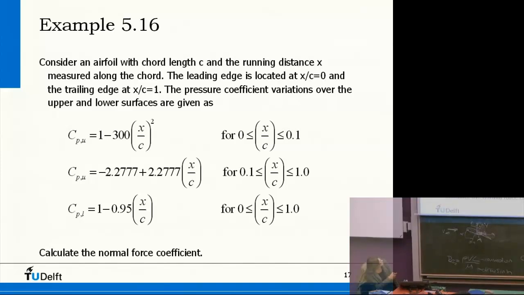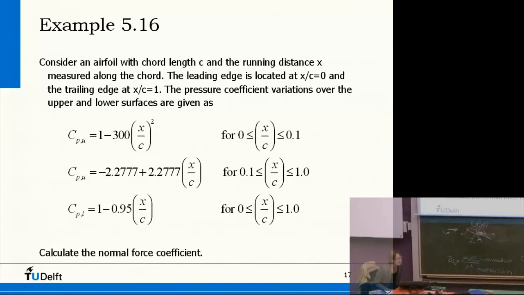For the rest, between 10% and 100% of the chord, we have this formula. On the lower side, we have just one: Cp lower is 1 minus 0.95 x over c. In this case it might be easier to use the x over c definition, so integrate from 0 to 1 d(x over c).